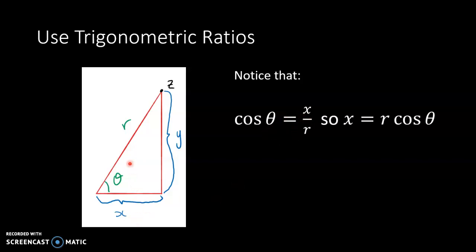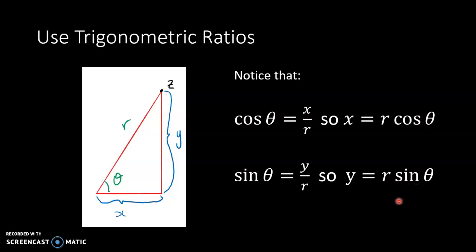Then I can rearrange and make x the subject, and write x equals r cosine theta. Similarly, opposite over hypotenuse is y over r, which is y equals r sine theta.